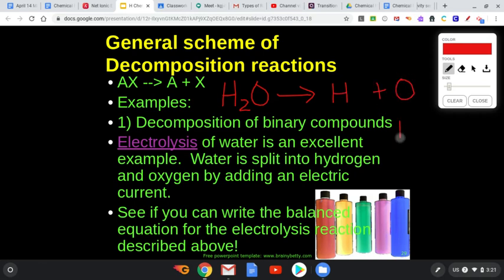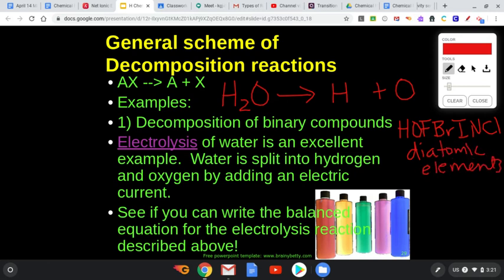Do not forget about Hofbrinkel. Hofbrinkel is the mnemonic device that we use to remind us of the diatomic elements. These elements all come in pairs, so a subscript of 2 is needed in each case.